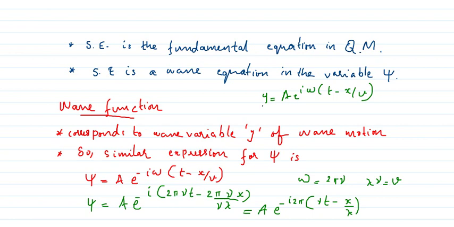So this represents a wave moving in the positive x direction. If you remember, there will be waves produced in the string and propagating in the positive x direction.